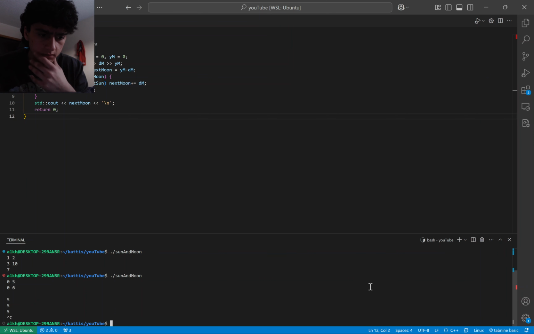It's not true though, because in 30 days it would match, right? No, it shouldn't make a difference. The nextSun equals how many days it takes minus how many days ago. So it should be 5, right? nextMoon equals im minus dm.